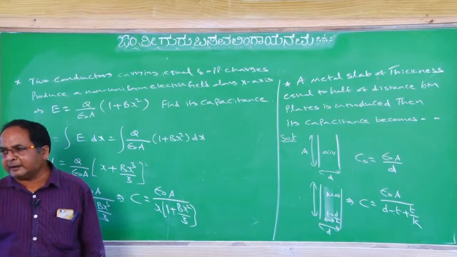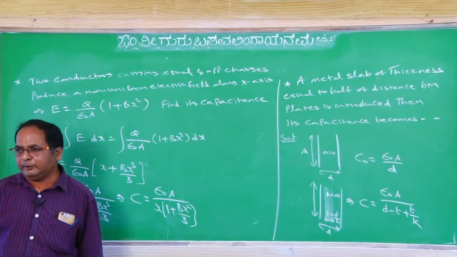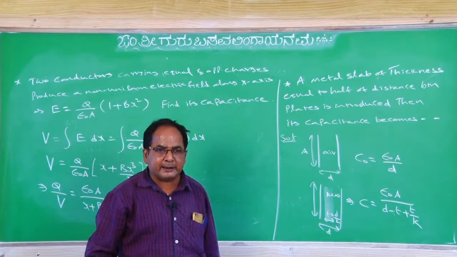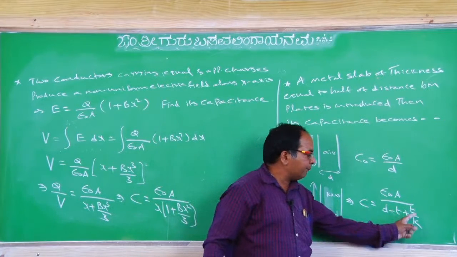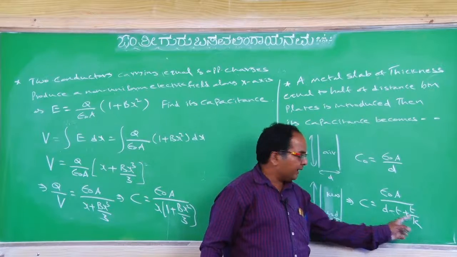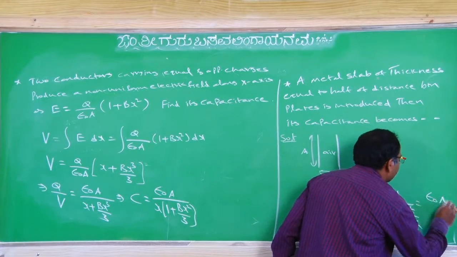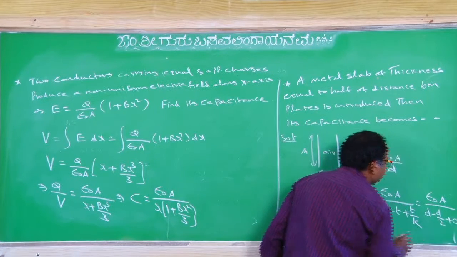If any dielectric of dielectric constant K is introduced, then the new capacitance formula is epsilon naught A by D minus T plus T by K. Here K is infinite, so T by infinite is 0, and T is D by 2. So you may write epsilon naught A by D minus D by 2 plus 0.